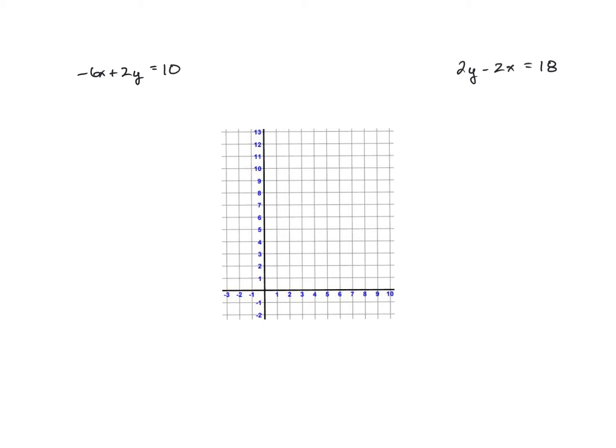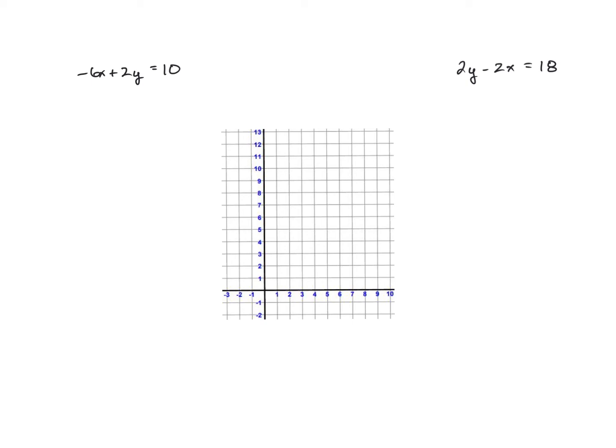Okay, so now we could use that idea. We have two lines that intersect. That intersection is a solution to two equations. And look at these two equations here and say, I know if I find the intersection of these two lines, I can find a solution.